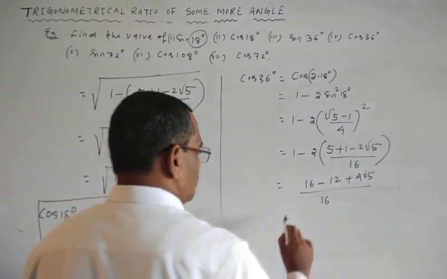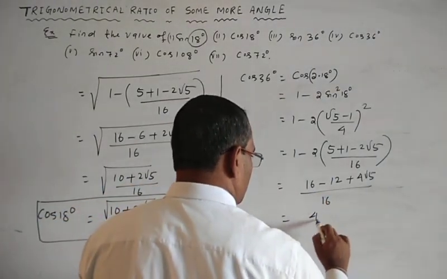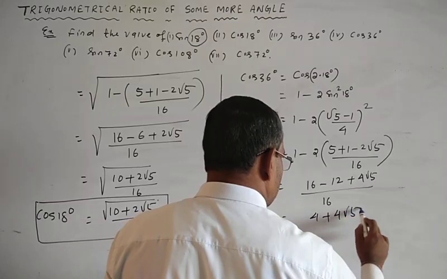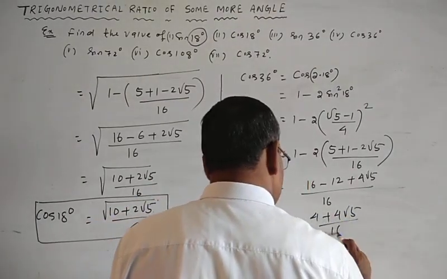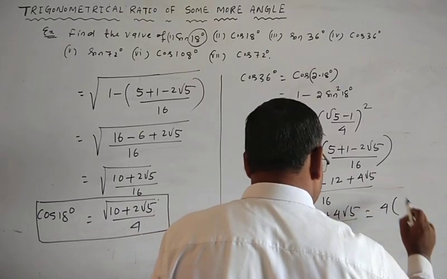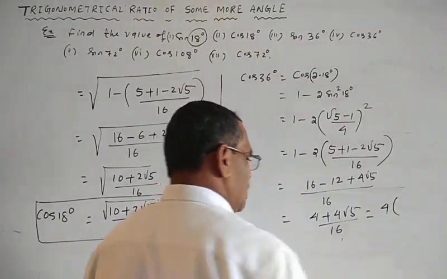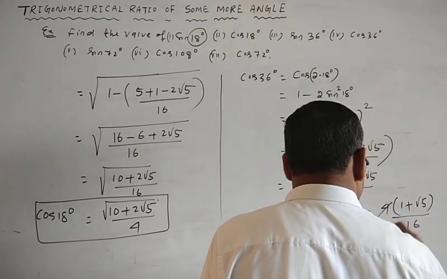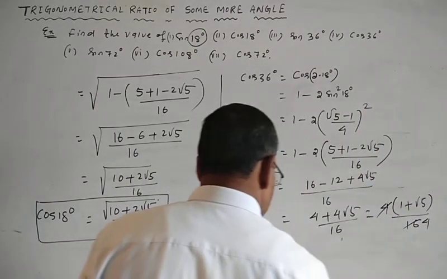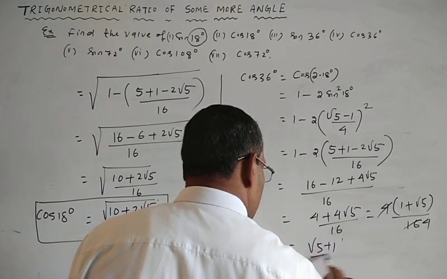So this is equal to 4 plus 4 root 5 by 16. Taking 4 common, this is 4 into (1 plus root 5) by 16, which is equal to root 5 plus 1 by 4.